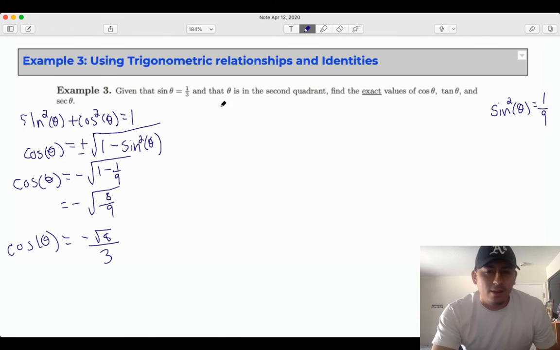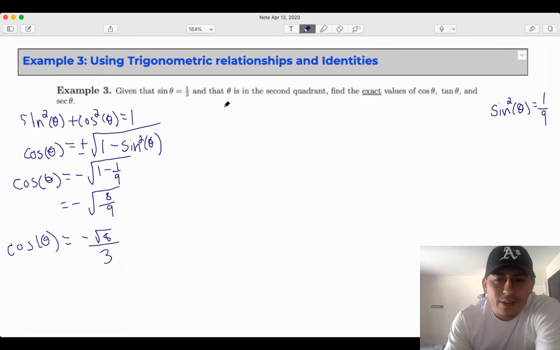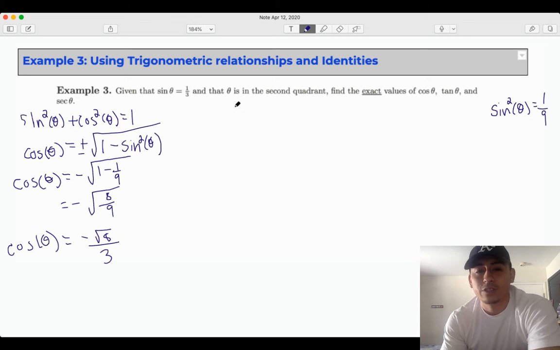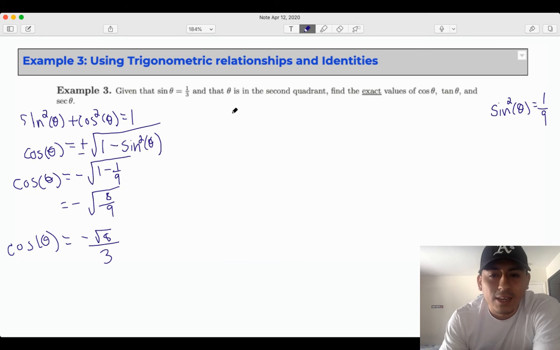The next two things I need to find are tangent of theta and secant of theta. Secant of theta is the reciprocal of what trig function, sine or cosine? Hopefully you remember secant is the reciprocal of the cosine function, and we just found the value of it.